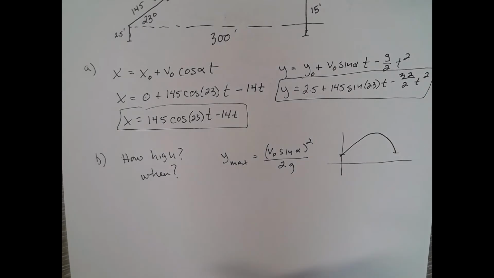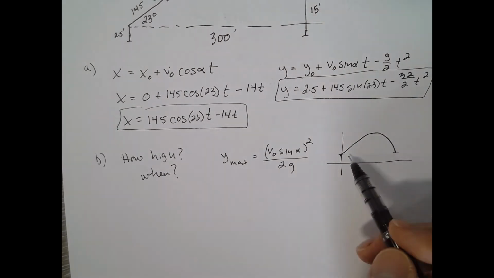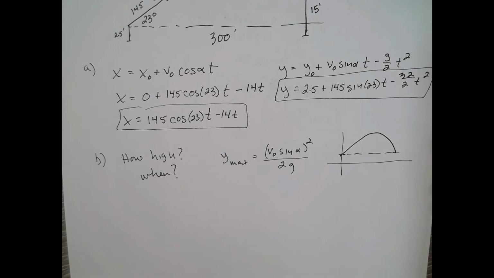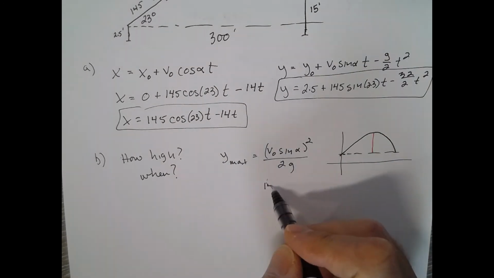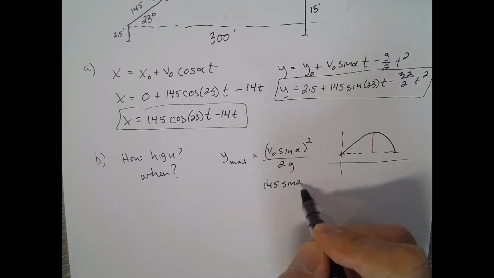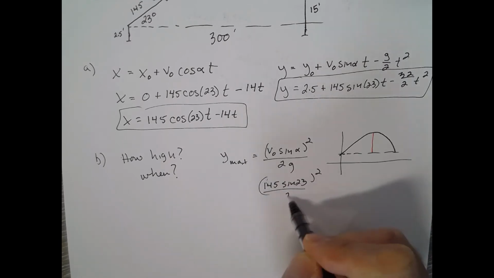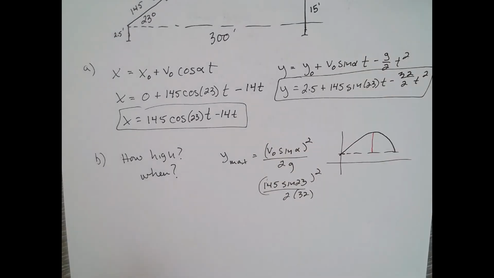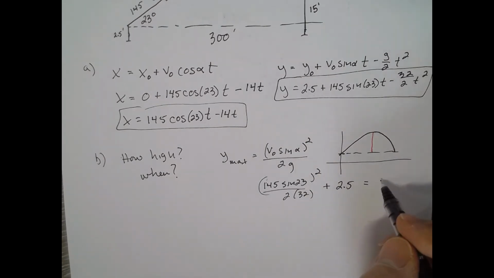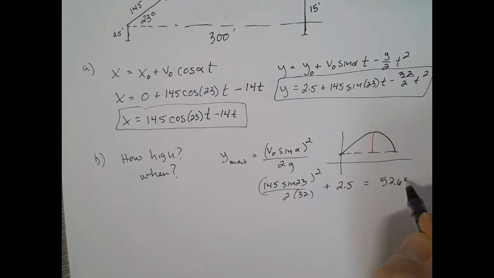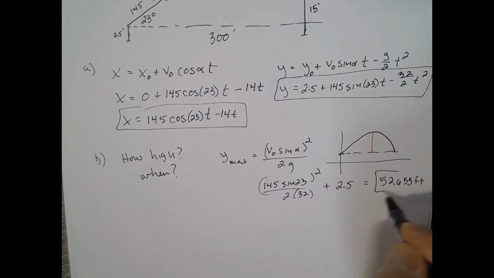Our Y max will get us the maximum here, and then we can just add 2.5 feet to it, and then we will know how high the baseball actually goes. So 145 sine of 23 squared over 2 times 32 gives us some number, and if I add 2.5 to it, our maximum height is 52.655 feet.